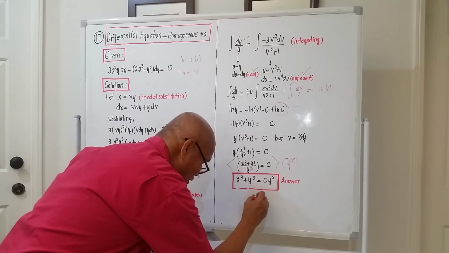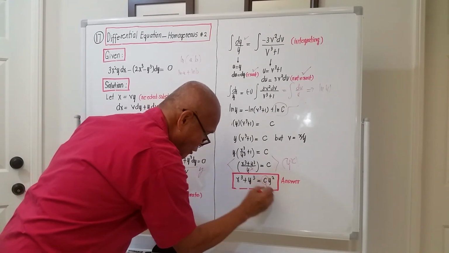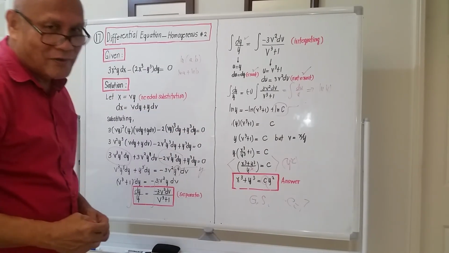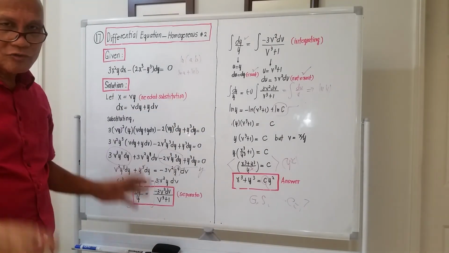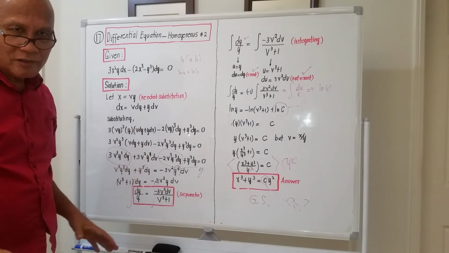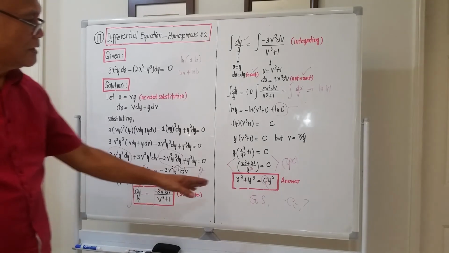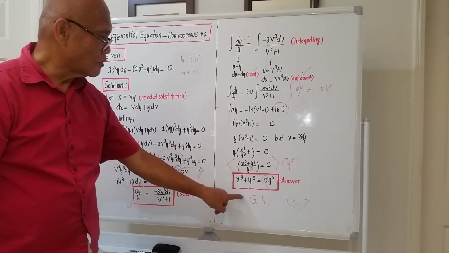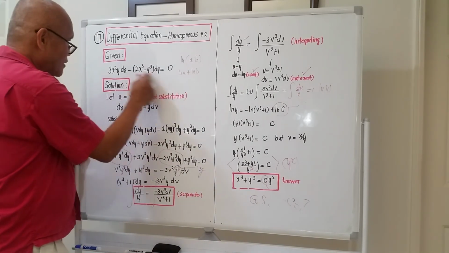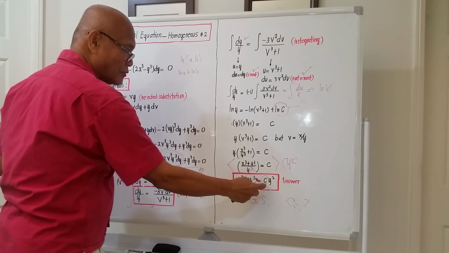This is a general solution, because for the meantime we do not know the value of c. There are no given initial conditions for us to solve for the constant c of integration. So our final answer, we will just leave it as the general solution, that is x cubed plus y cubed equals cy squared. So the solution of this differential equation is x cubed plus y cubed equals cy squared.